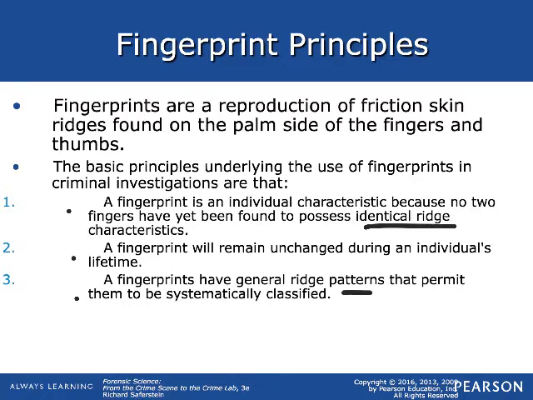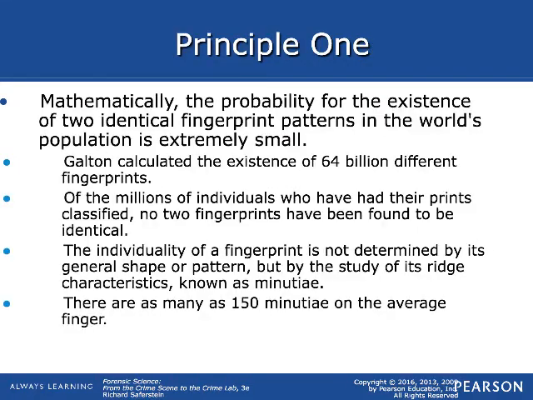So no two fingers are the same. They don't change. They develop when you're a fetus, and there's a systematic way that they can be classified. Okay, now principle 1 is that there are no two fingers that are the same.